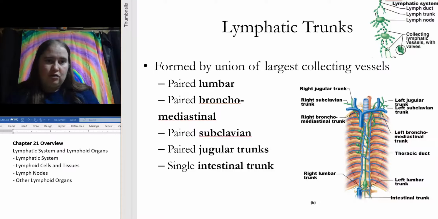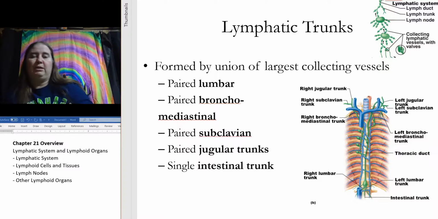So these are trunks here, which will ultimately then dump into our ducts. So we have two large ducts that all of those trunks will empty into. Okay, so we have our lymphatic capillaries, to our lymphatic collecting vessels, to our lymphatic trunks, and all the trunks will then dump into one of two lymphatic ducts.